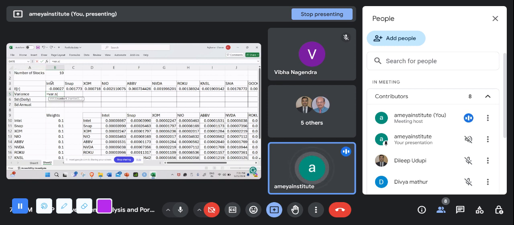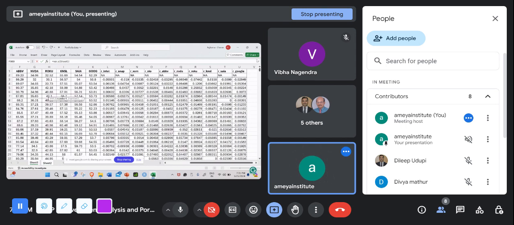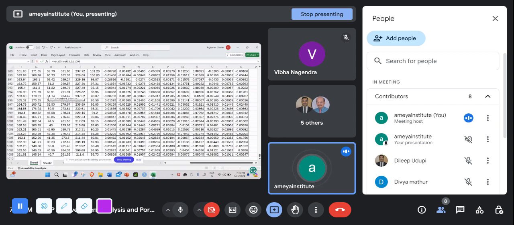Now for the Intel company, let's see what the variance is. Go to sheet 1, Control Shift Down, select all the returns and close the bracket.